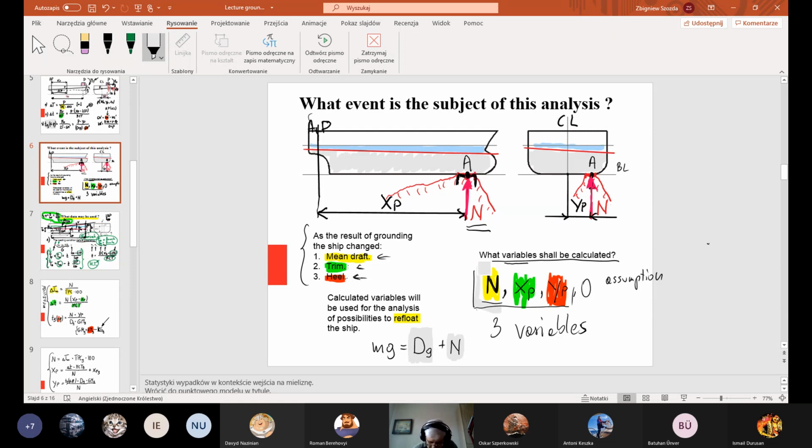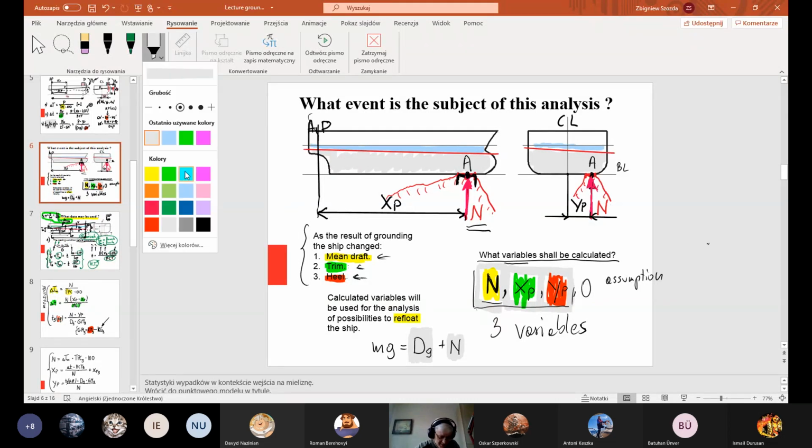the value of the force and two variables that describe position of the point of action. Yeah, the point of action. XP, how far is the point of action from aft perpendicular, and YP, how far is the point of action from the central line.